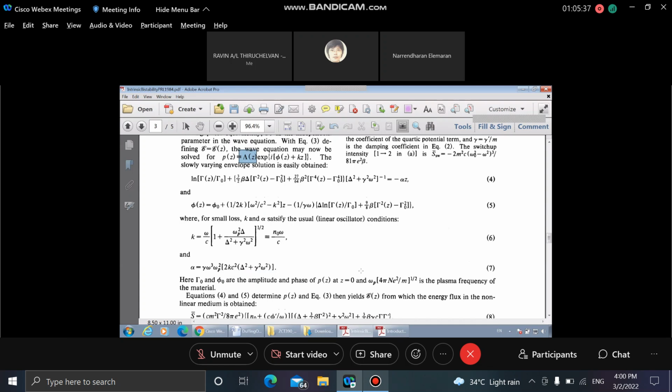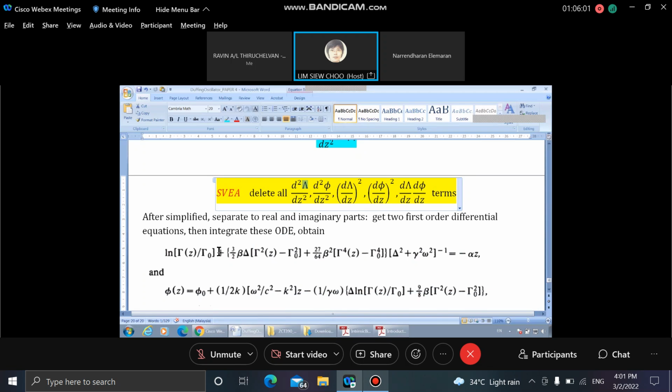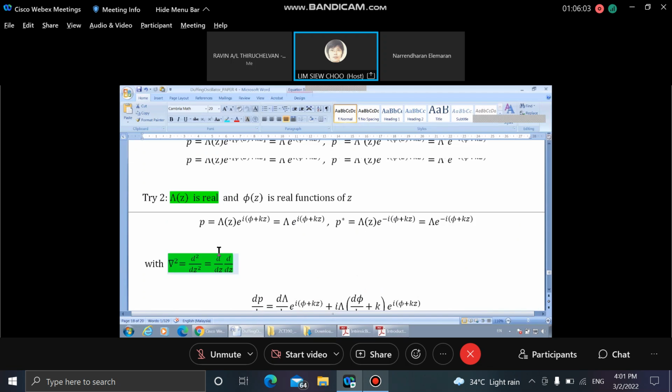So that's why you see in the complex, this one is definitely complex. The complex amplitude he said is like this. But here he used the symbol gamma to refer to the amplitude of P. So you see the terms are changing, and that's why I feel confused about this.